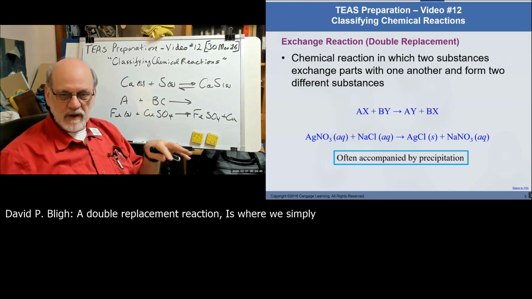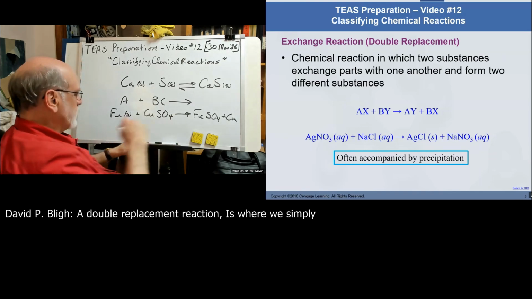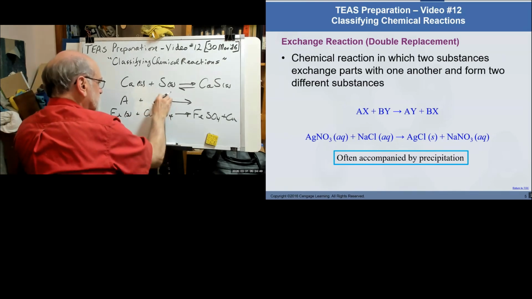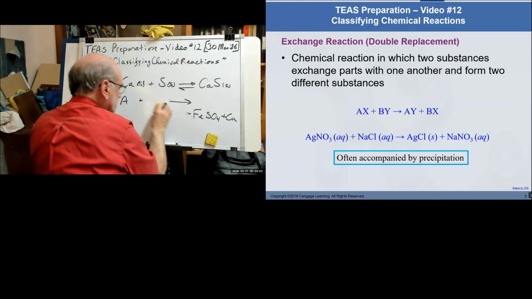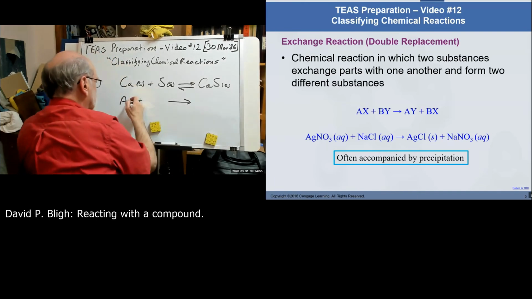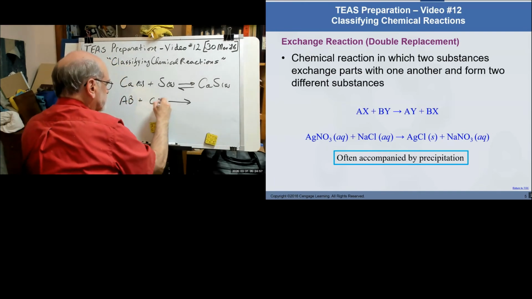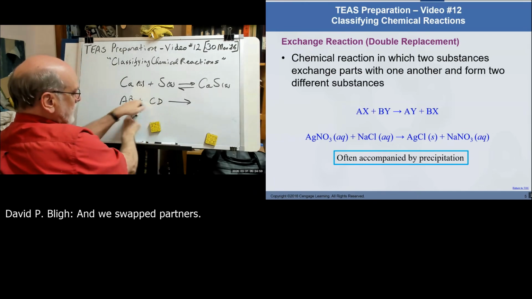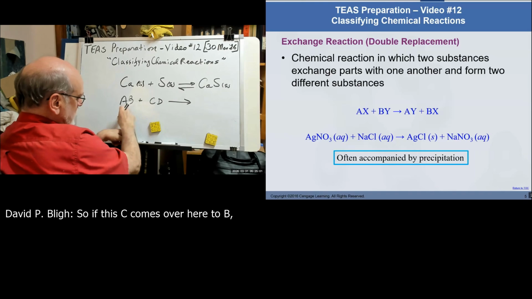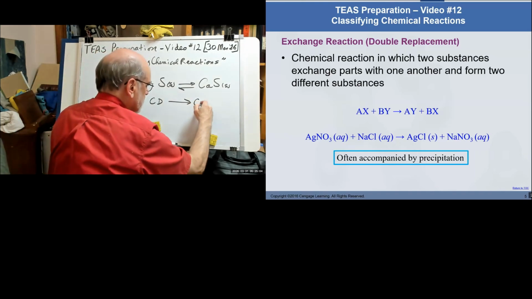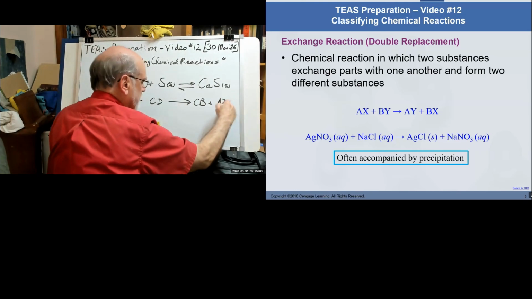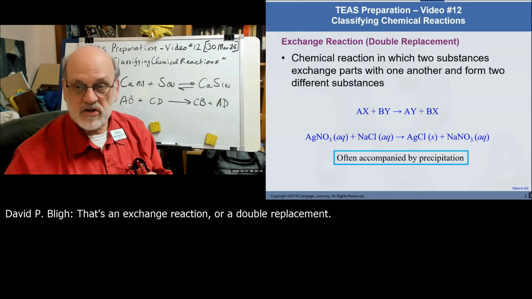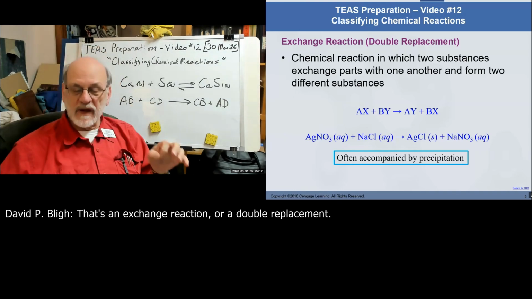A double replacement reaction is where we have a compound reacting with a compound, and we swap partners. So if this C comes over here to B, this A comes over to D, that's an exchange reaction or a double replacement.